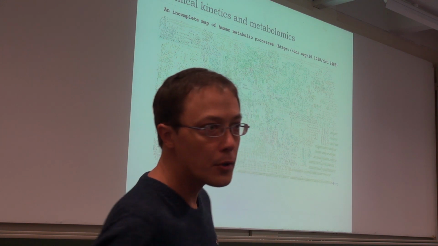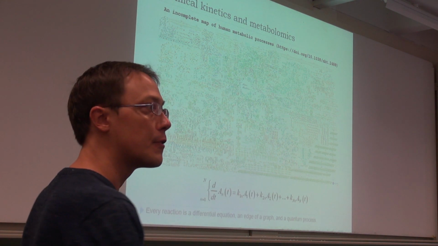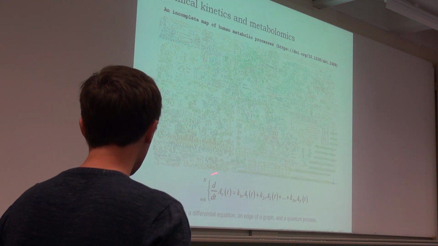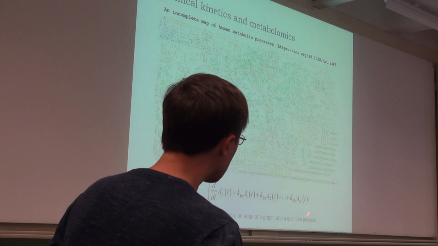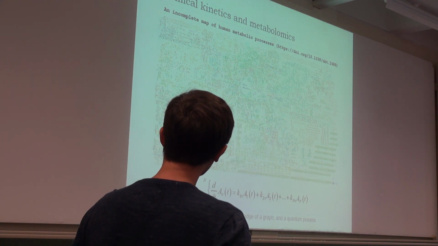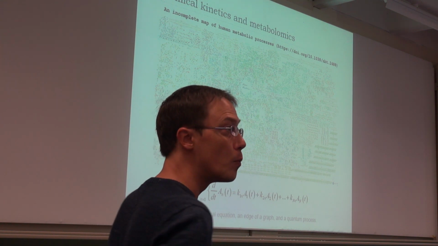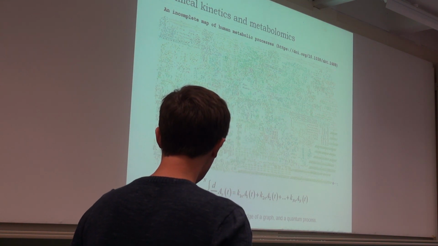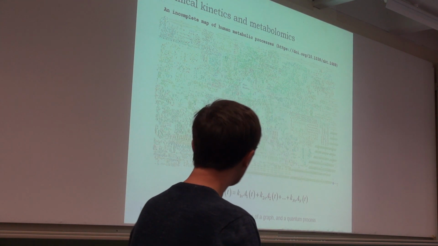As the second and third years here know, every single reaction is a differential equation where the rate of production of some reactant will be proportional to products of concentrations of other reactants. If you have a million molecules in here, you would have a few million reactions between them. So you have a colossal system of coupled differential equations.